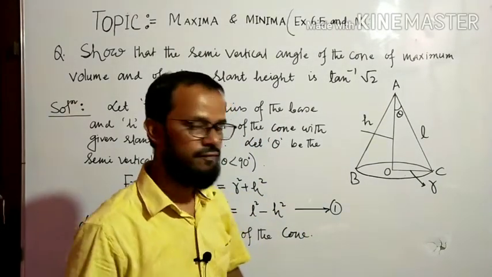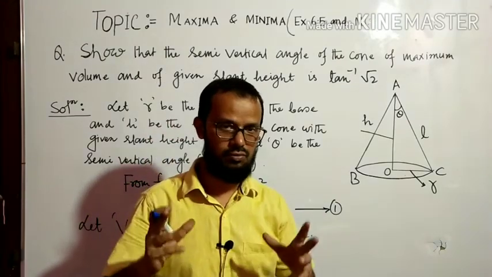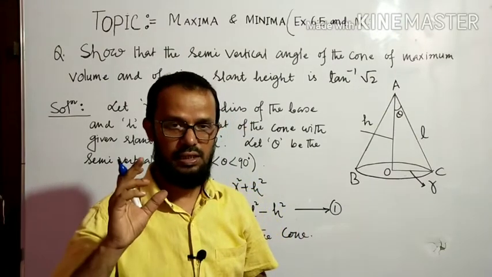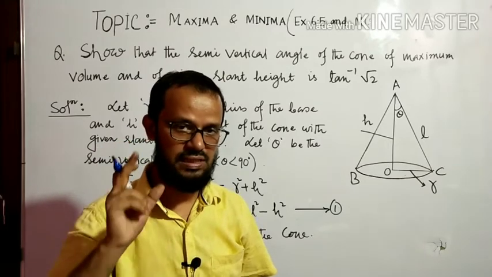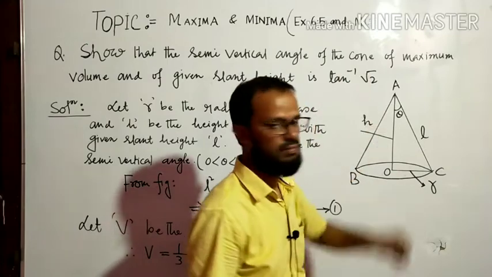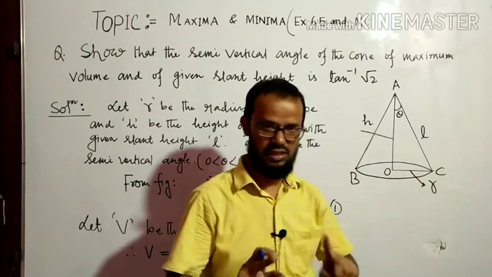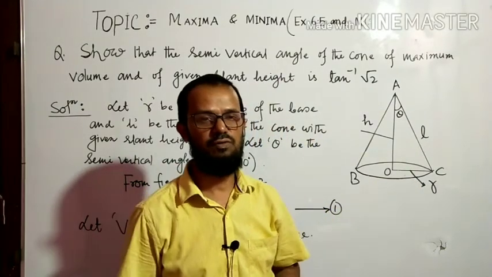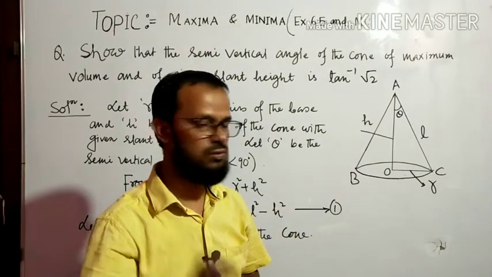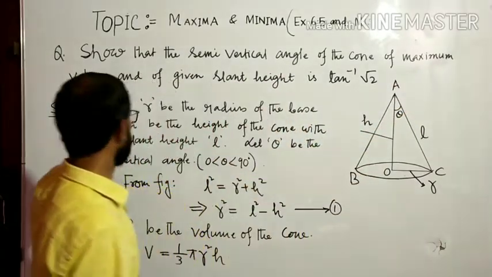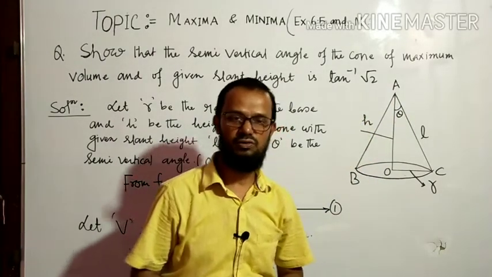Among these cones, one cone has maximum volume, and when the volume of the cone becomes maximum, in such cases this theta becomes tan inverse root 2. You are going to prove that.